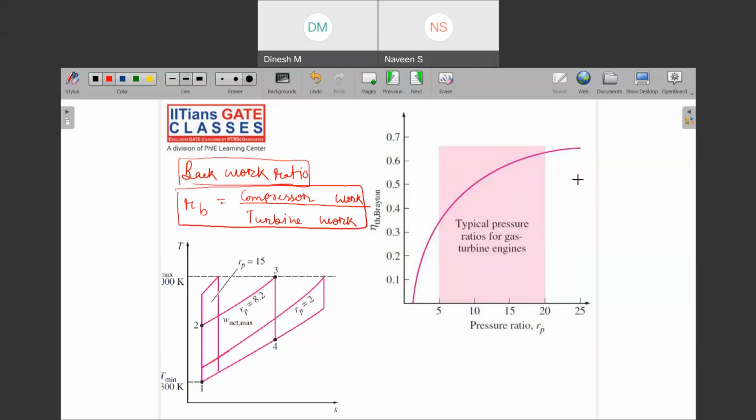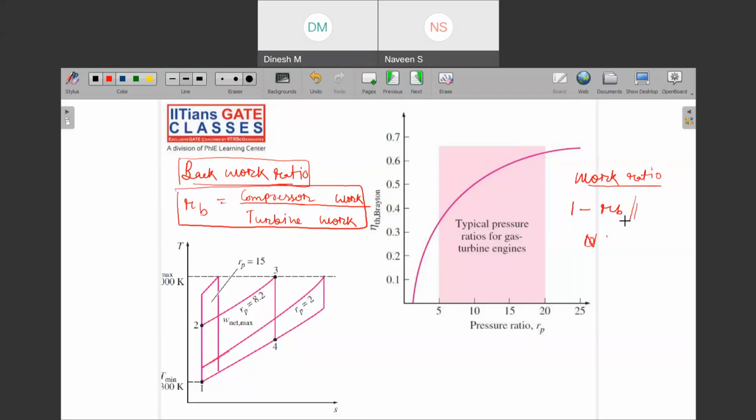And then we have work ratio. Work ratio is nothing but 1 minus RB. That is, can I write down that this is net work ratio, 1 minus RB is what? Turbine minus compressor, and turbine minus compressor is nothing but net work.